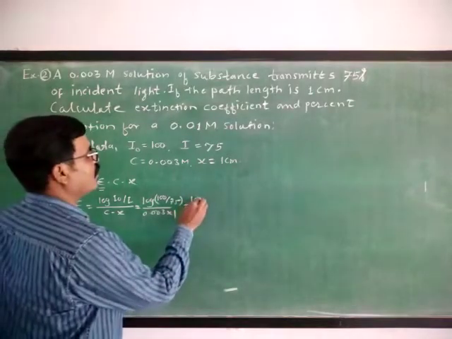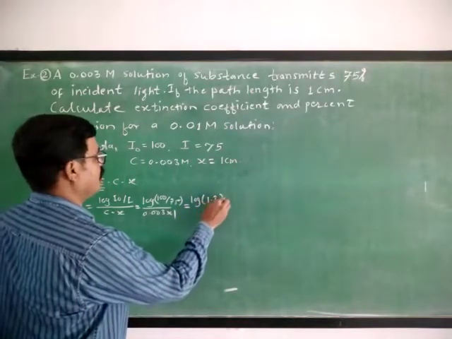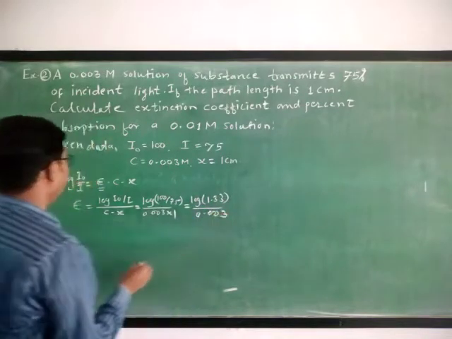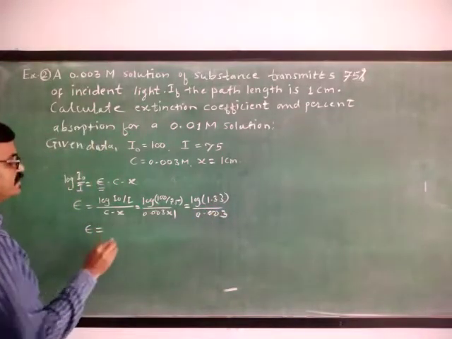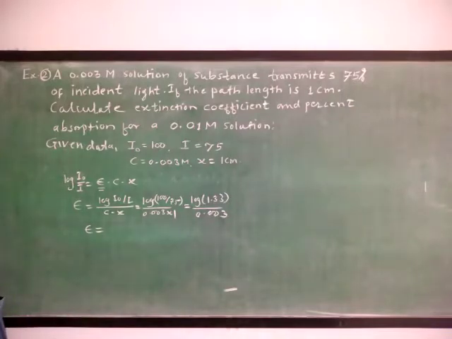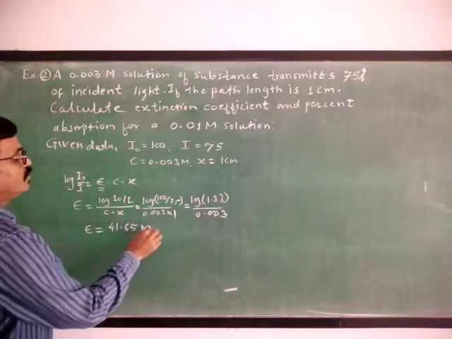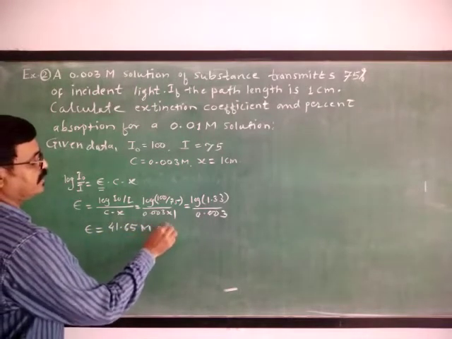That's why log of 1.33 upon 0.003, and after solving this, the value of epsilon is found to be 41.65 molar inverse centimeter inverse.